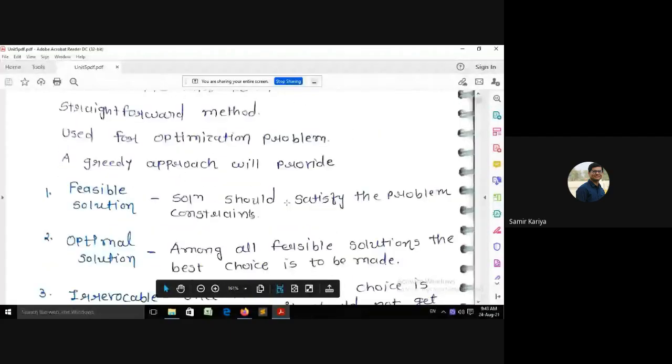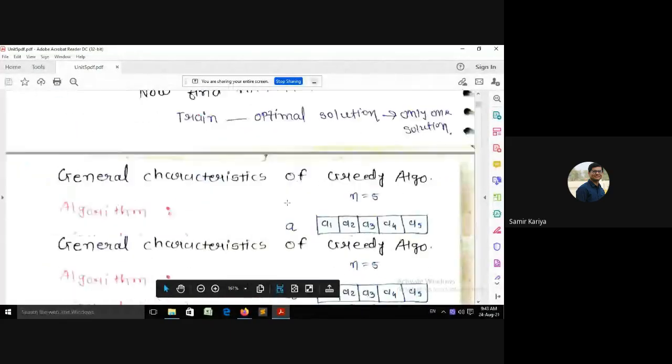Now next topic, that's the Dijkstra algorithm. In the last lecture we discussed the mid-sem exam paper, and now we start the Dijkstra algorithm. So in unit 5, greedy algorithms, we have discussed a few problems.